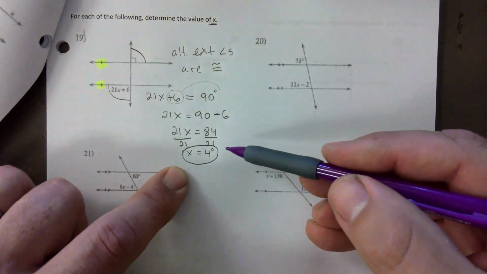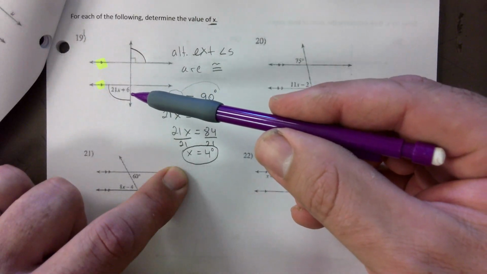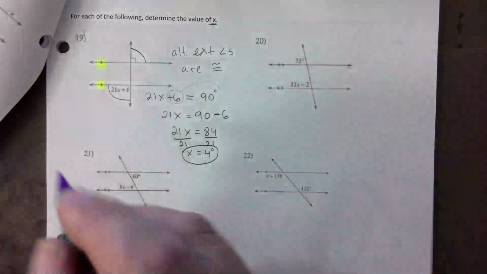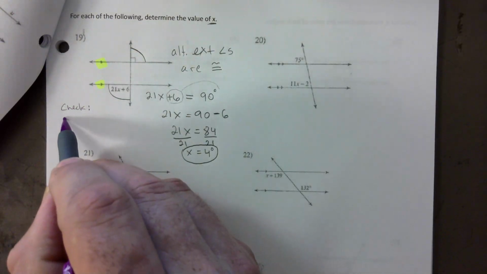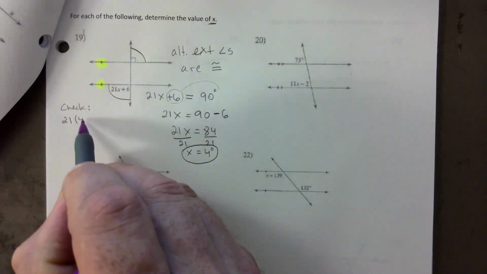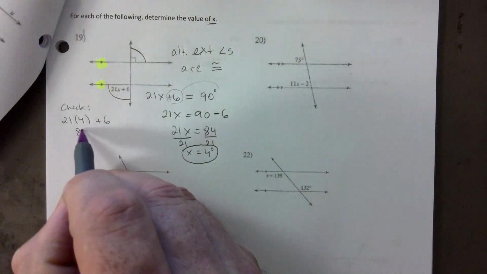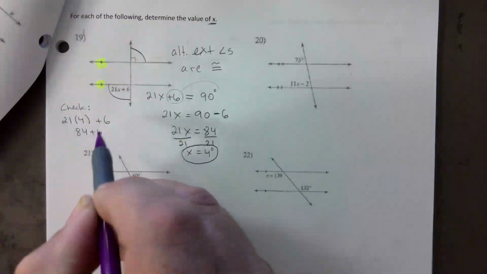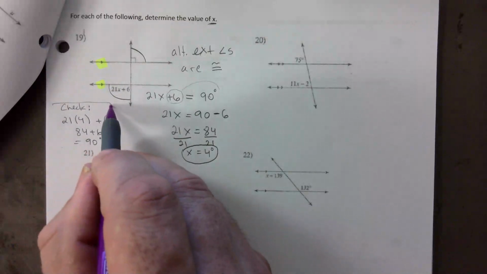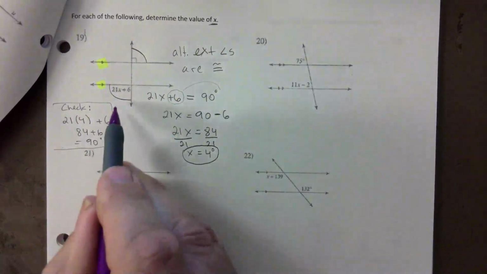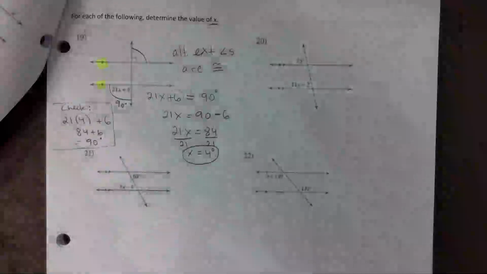You could now technically go back here and figure out what that angle is. It should be 90. So check: 21 times 4, because x is equal to 4, is 84, plus 6, and that's equal to 90 degrees. Okay, so we know that this angle is technically 90 as well.